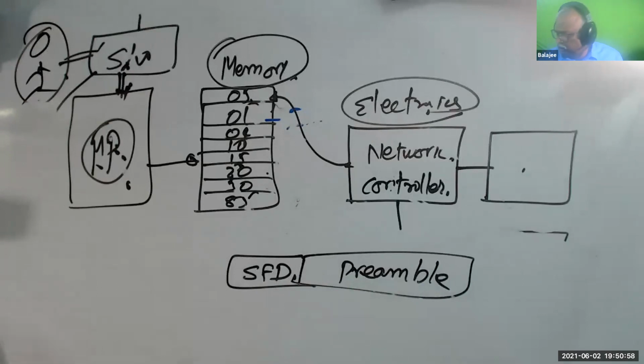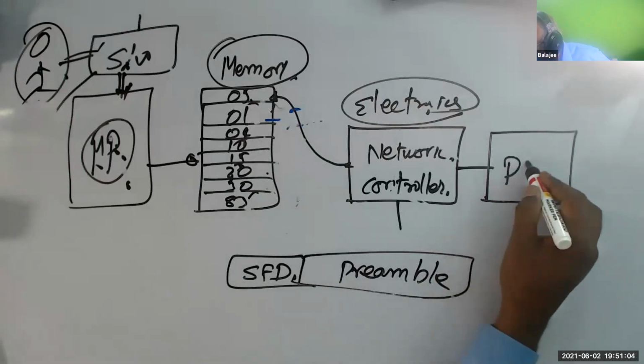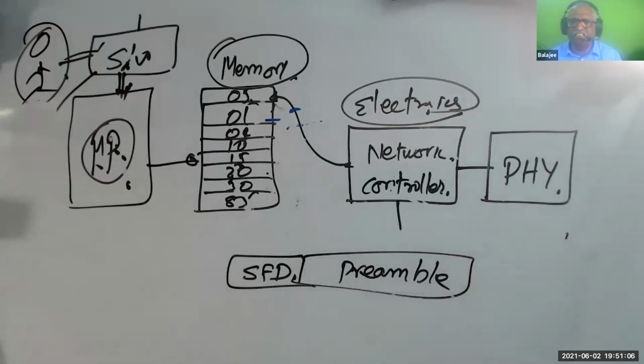All those things are not done by the network controller. That is done by another guy. That guy is called the PHY, or physical controller, you can call it. Okay, that guy is the one.